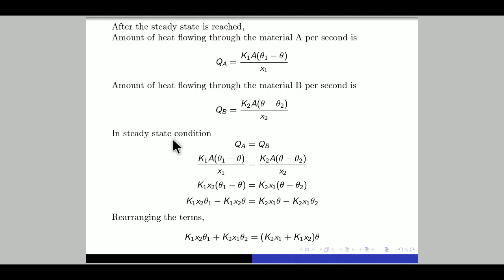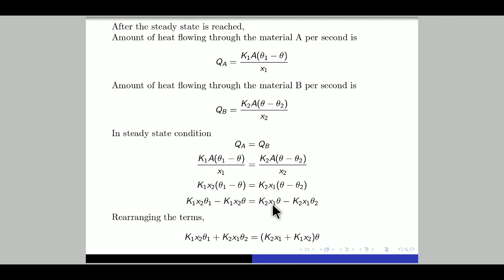In steady state conditions, as we learnt already, QA is equal to QB. Substituting the expressions for QA and QB on the left hand side and right hand side, and changing over to a single equation, x2 is multiplied on one side and x1 on the other, and simplifying: K1 x2 theta 1 minus K1 x2 theta equals K2 x1 theta minus K2 x1 theta 2.